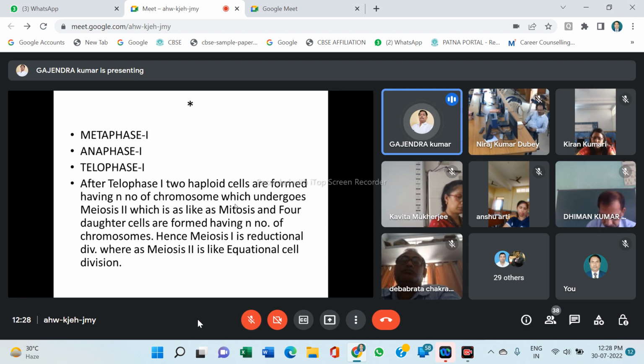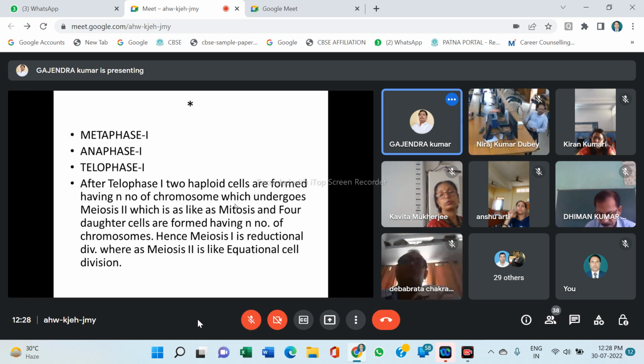Meiosis 2 is just like mitosis, where from two daughter cells, 4 daughter cells are formed, having the same number. What we have observed is that in meiosis 1, the chromosome number gets reduced to half, so it is called reductional cell division.